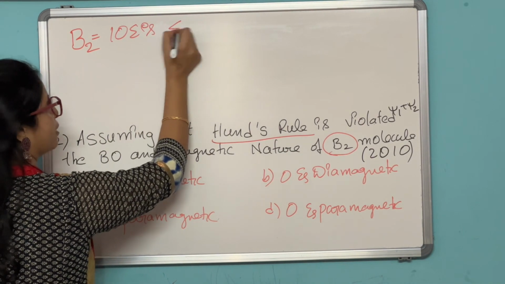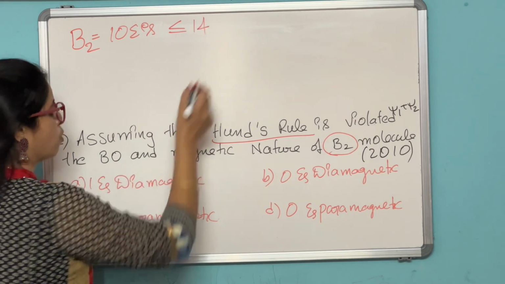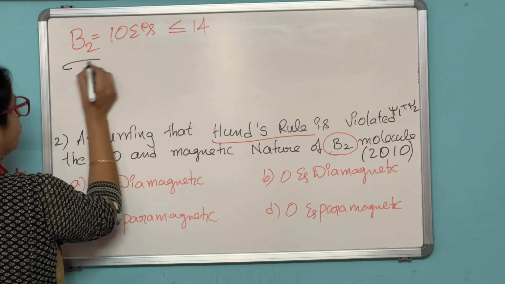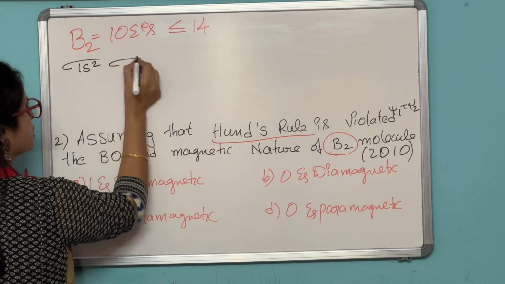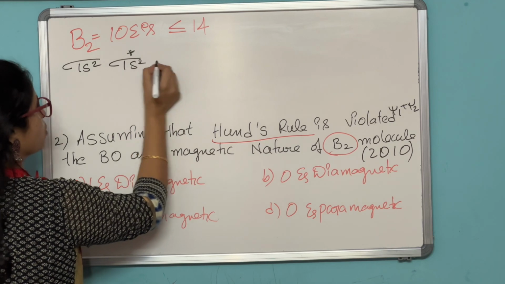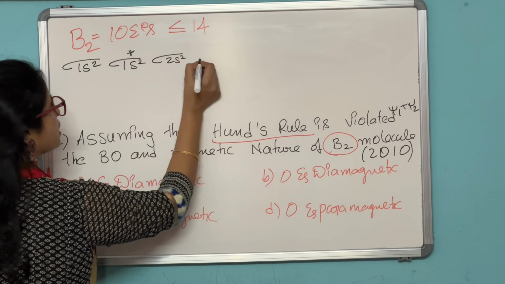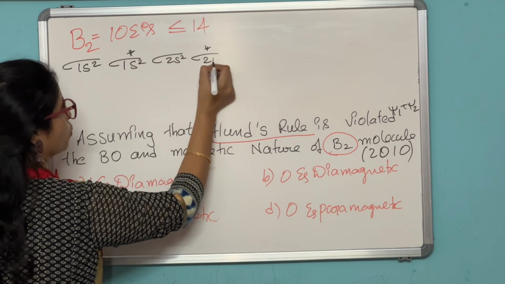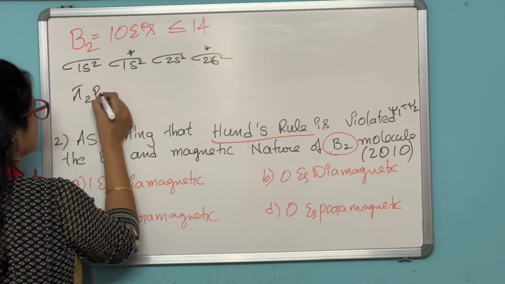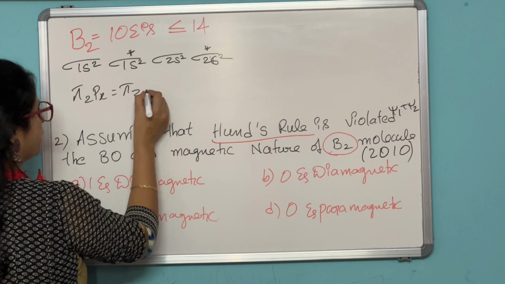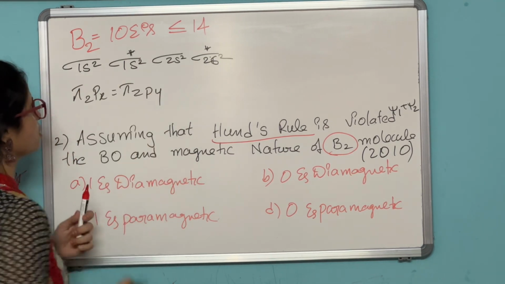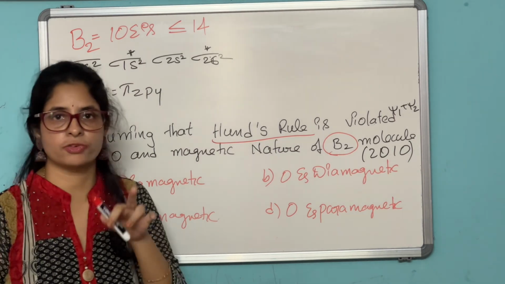For fewer than 14 electrons, the electronic configuration is σ1s2, σ*1s2, σ2s2, σ*2s2, and π2px equal to π2py. So 8 electrons altogether, and the next 2 electrons we have to fill.